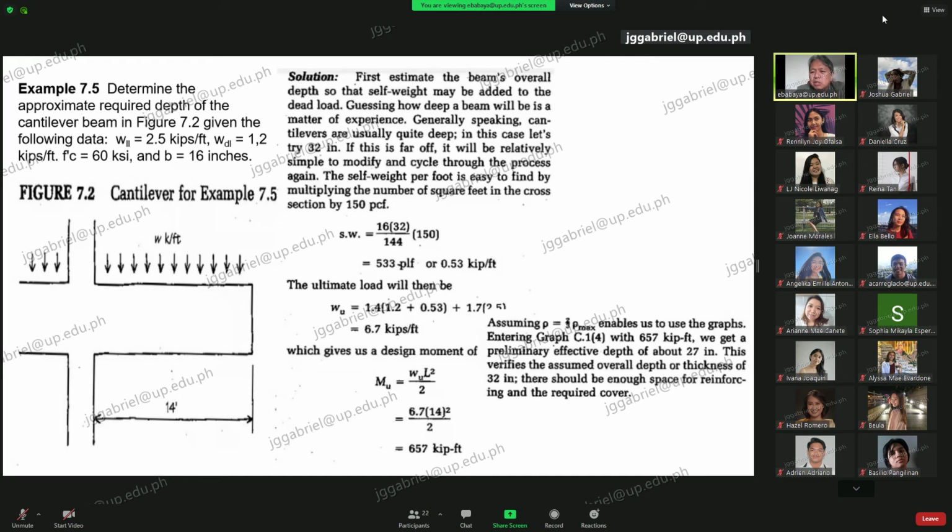Okay? Because you will be dealing with less moment. If you use cantilevered beam, you're dealing with greater moment forces. Kasi walang support sa dulo eh. Kaya lahat ng moment will be carried by the support in here.